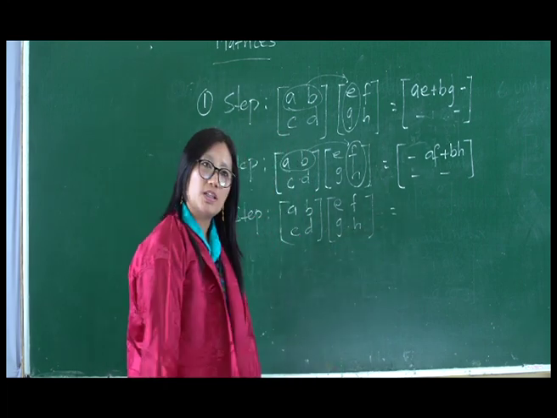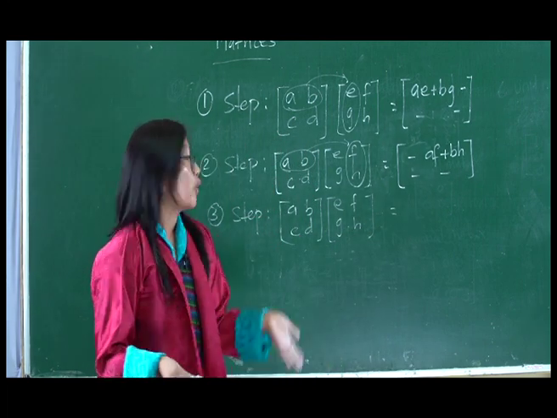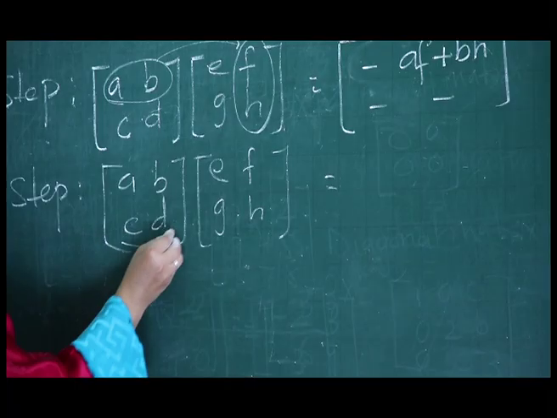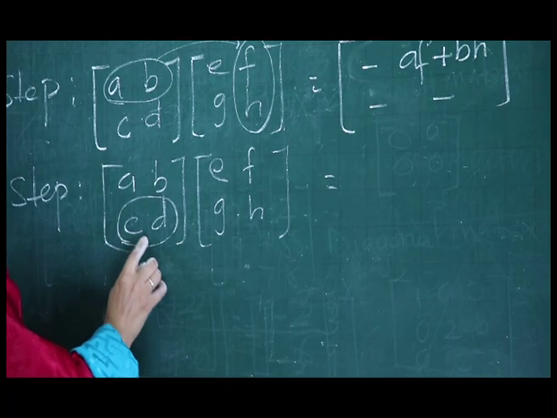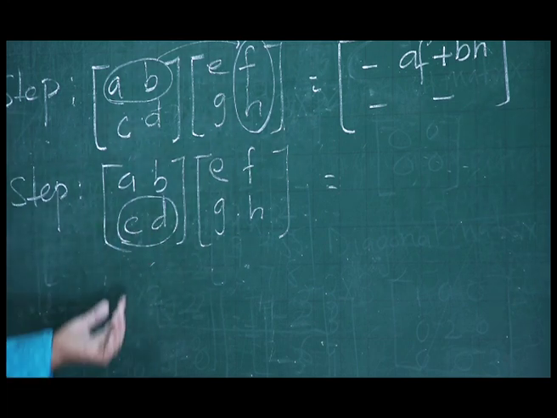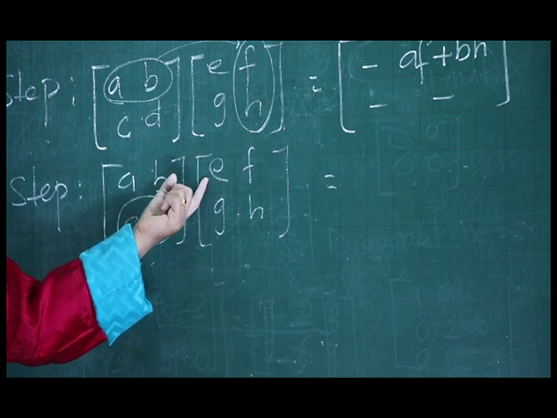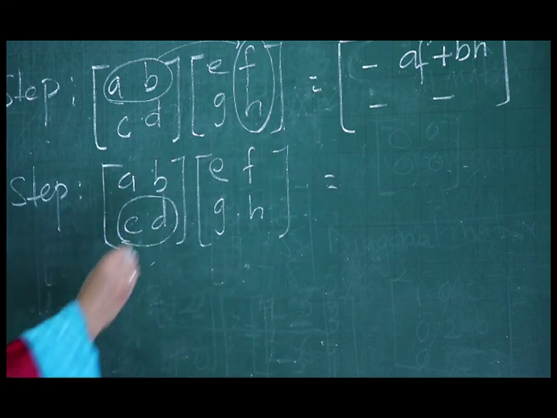Now, since we are done multiplying the elements in the first row, we have to move on to the elements in the second row. Here, the elements in the second row also have to be multiplied by the elements in the first column of the second matrix.